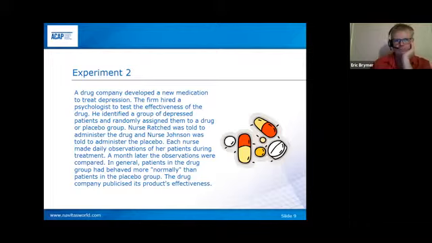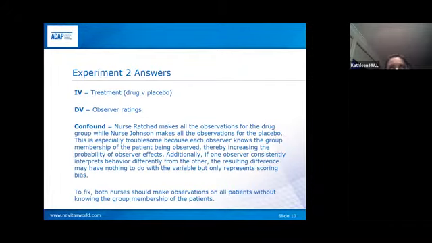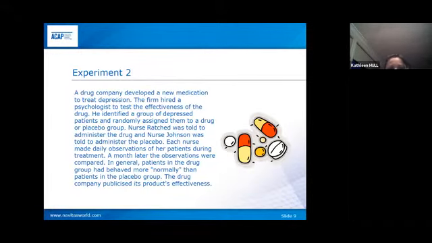Very good. The confounding variables, we had a few. Each of the nurses may have had a different definition or idea of what symptoms were. Yep. So one might think someone's more depressed and someone might think that same person is less depressed.